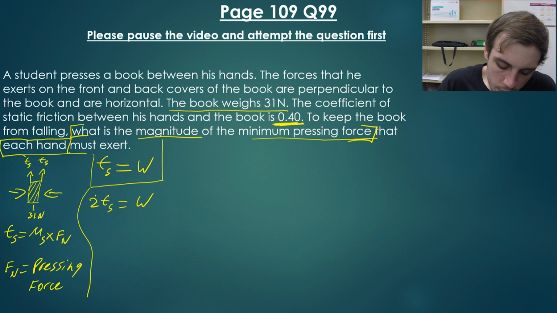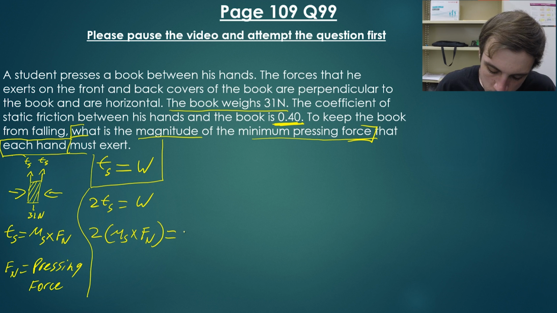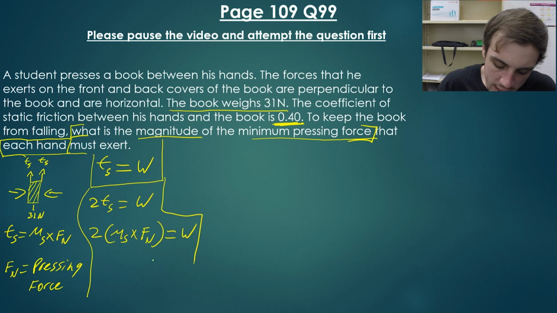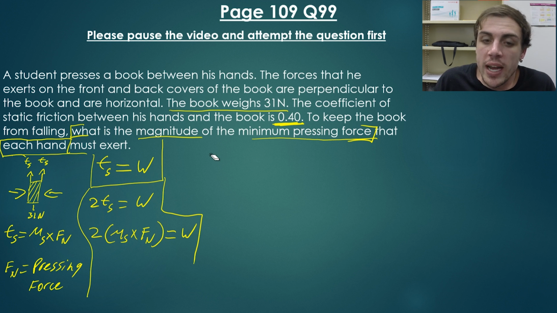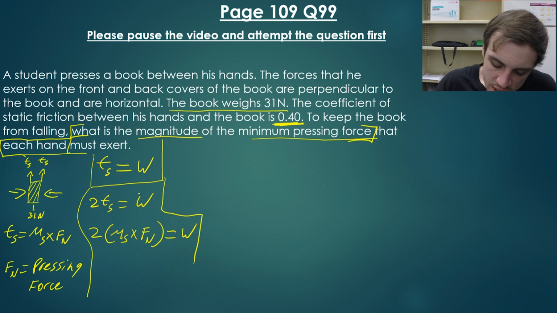So our frictional force is going to be 2 times the coefficient times force normal, and it's going to equal the weight. That is the formula that we're going to use. The biggest thing is we need to solve for our force normal. So now it's simply a matter of rearranging and solving our little equation here.